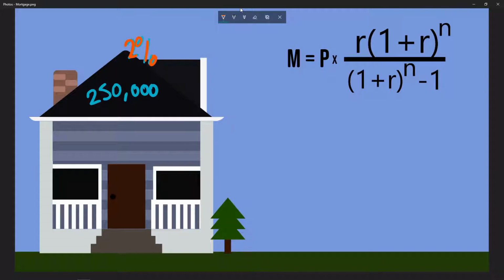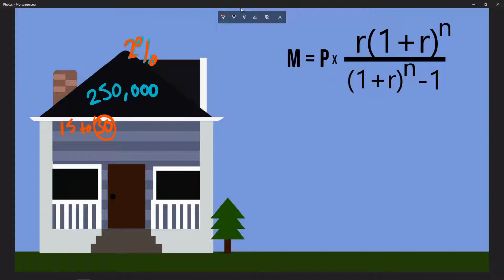Banks usually loan you money for either 15 to 30 years. So I guess for this starting example, we could just go with a 30-year loan because that seems more reasonable.